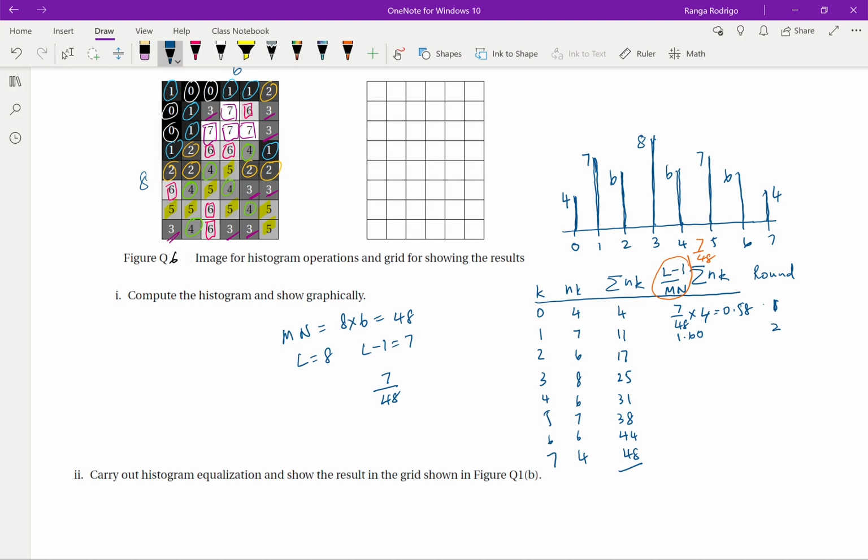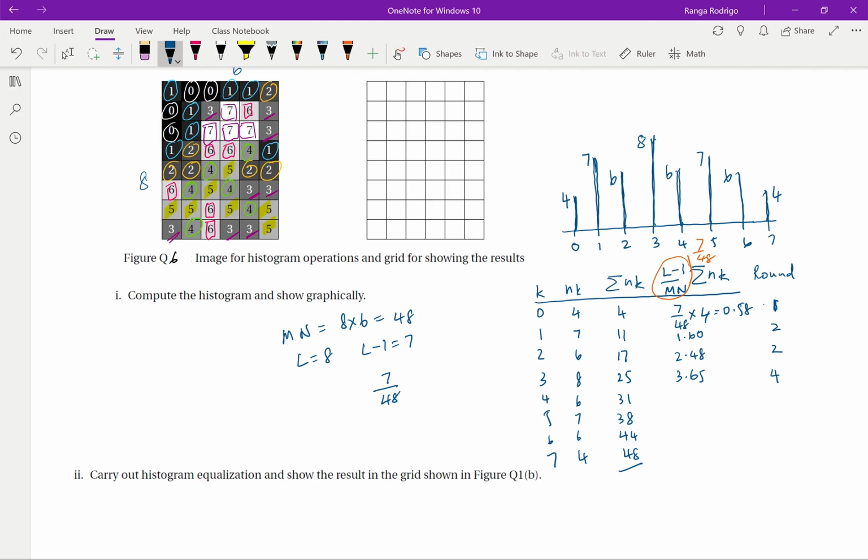Then 17 multiplied by this number, you get 2.48, which is approximately 2. Now 25 multiplied by that number 7 over 48, 3.6465 actually. So you get 4 here.